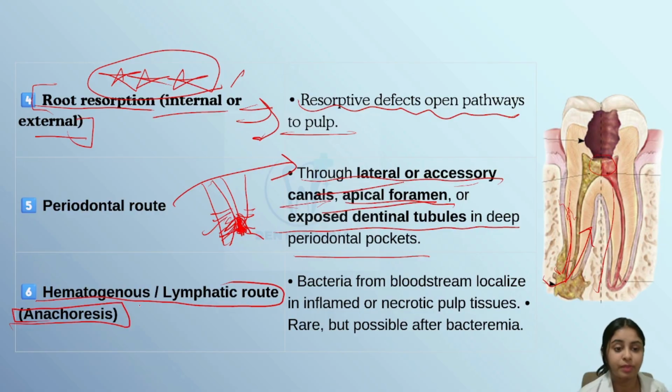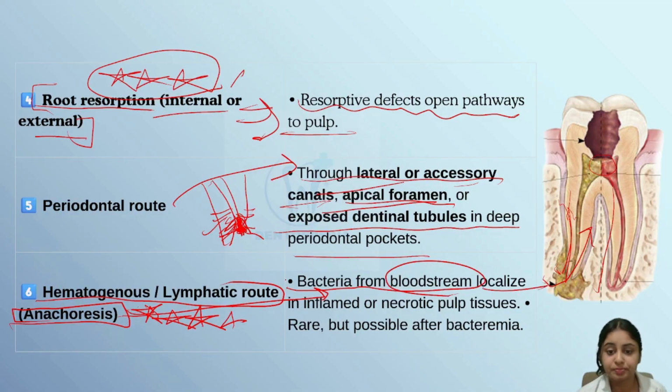Now, this terminology is very important from the exam point of view. Anachoresis means the bacteria from the bloodstream localize in inflamed or necrotic pulp, and then enter into the pulp. But this is very rarely seen, mostly possible after bacteremia.